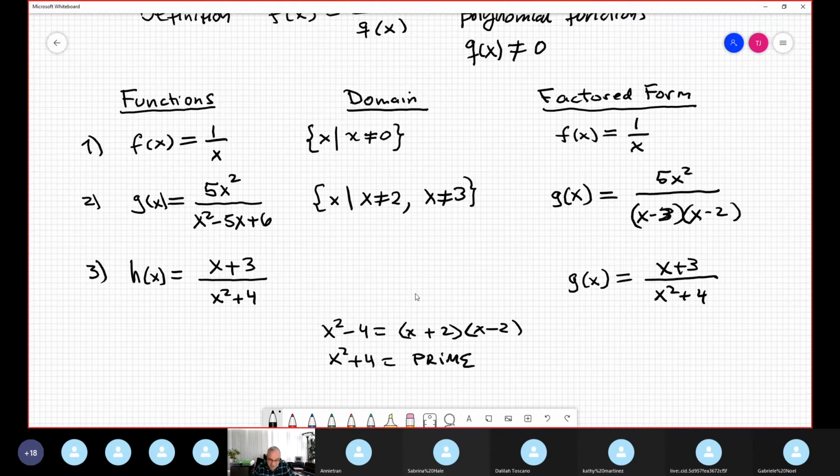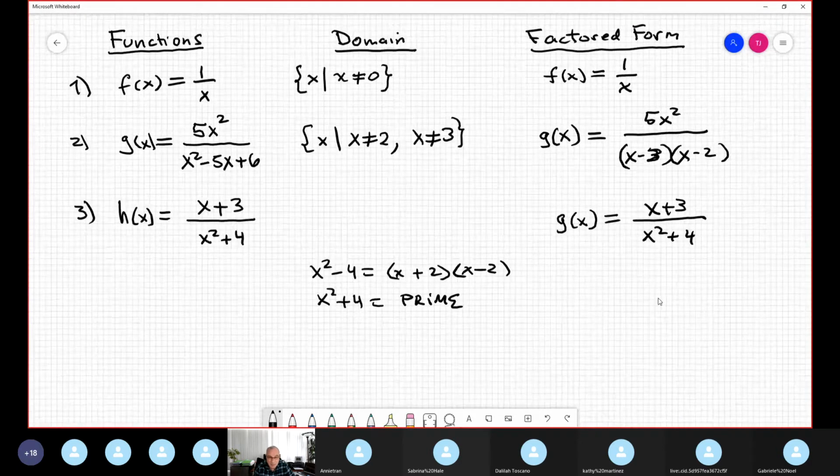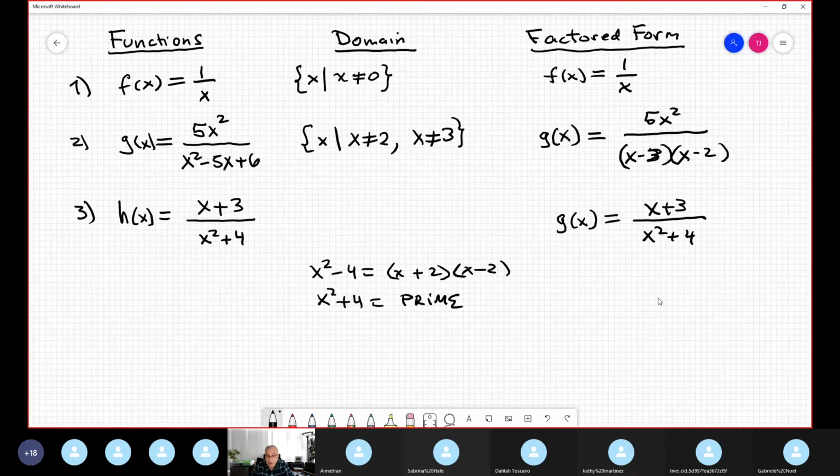Well, the reason is clear. Suppose I have no idea, or I don't remember that the sum of squares is impossible to factor. Well, okay, I try to investigate the domain. I take the polynomial in the bottom, I force it to be 0, and I try to solve this equation. So now, x squared, I move 4 to the other side, it's negative 4.